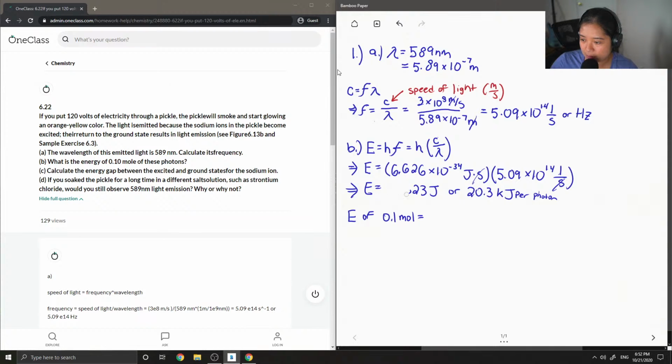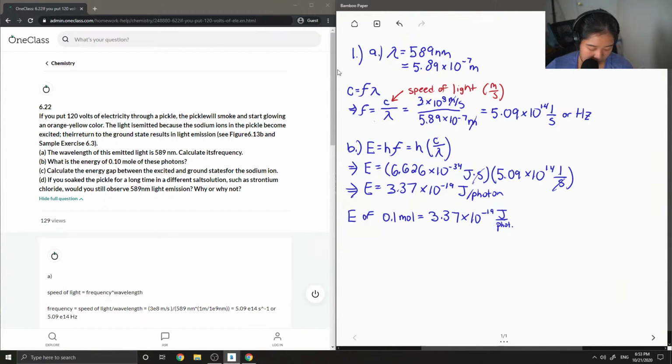I skipped ahead a little bit. Let me just rewrite the actual answer for this. Okay, so multiplying Planck's constant by frequency will actually give you 3.37 times 10 to the negative 19. And then this is in joules per photon. So let me write that down here. We have our 3.37 times 10 to the negative 19 joules per photon.